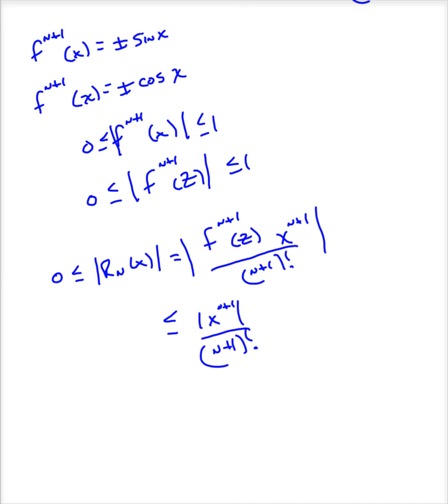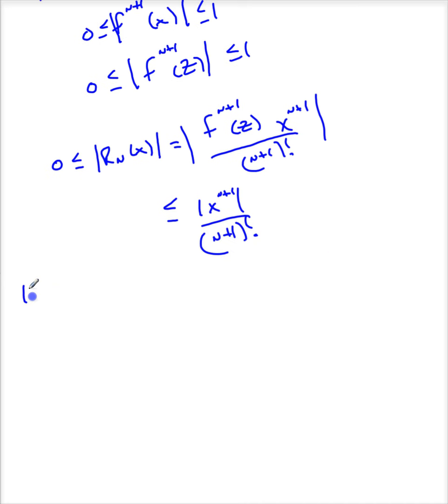Now, we know that the limit as n goes to infinity of the absolute value of x to the n plus 1, for a given fixed x, divided by n plus 1 factorial, is 0.